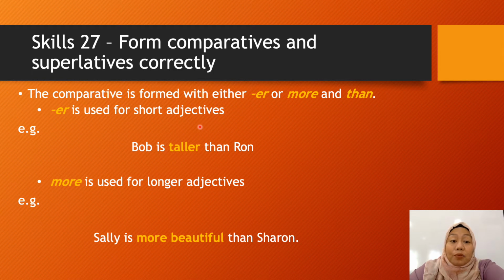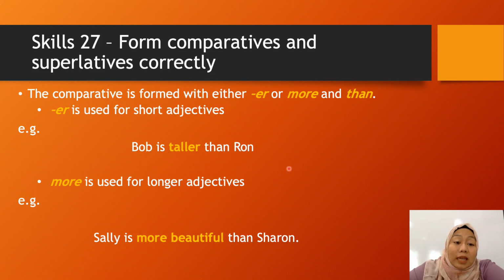And if you want to make the sentence, then this is an example. Bob is taller than Ron. Okay, so you have the short adjective plus suffix er, and then than. Bob is taller than Ron. Okay, that is for short adjectives with suffix er.